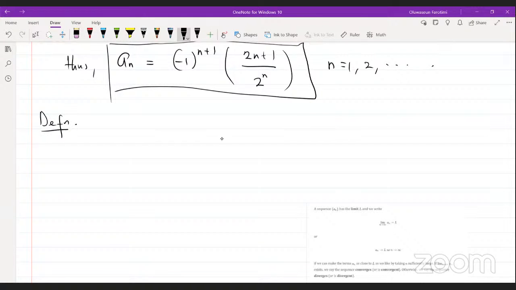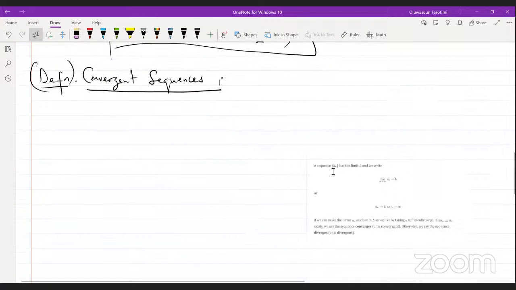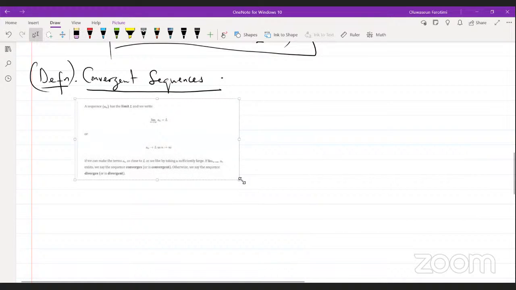Definition. Convergent sequences. Okay. So now when is a sequence said to converge, or when is a sequence said to have a limit? I mean, this is now the point where I need this guy.